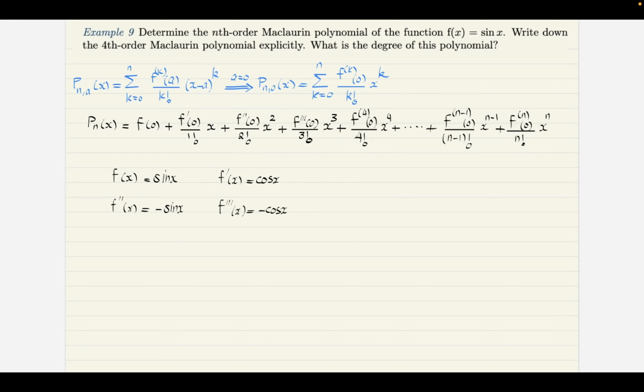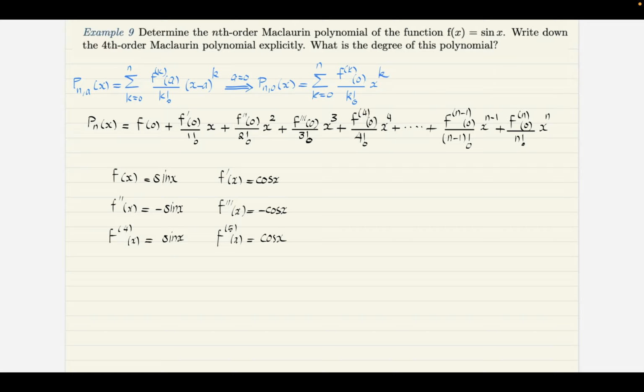And if I differentiate it once more, the fourth order derivative, it becomes positive sine x, yes, because the derivative of cosine is minus sine. There is also a minus sign, so I will get sine x back. And I differentiate it once more, the fifth order derivative, it becomes plus cosine x.